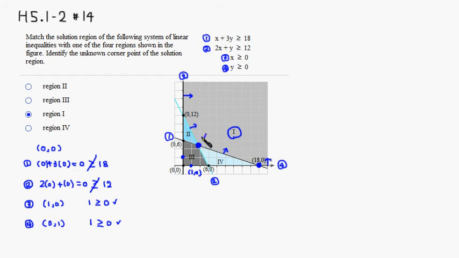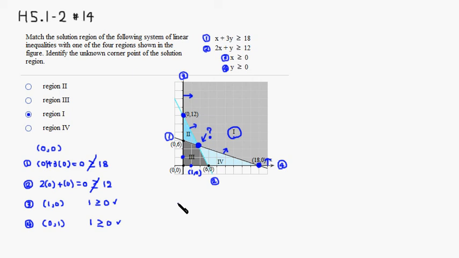Then this one is given. In order to find that corner point, this is the intersection of borderline number 1 and borderline number 2, so we need to find the point of intersection.